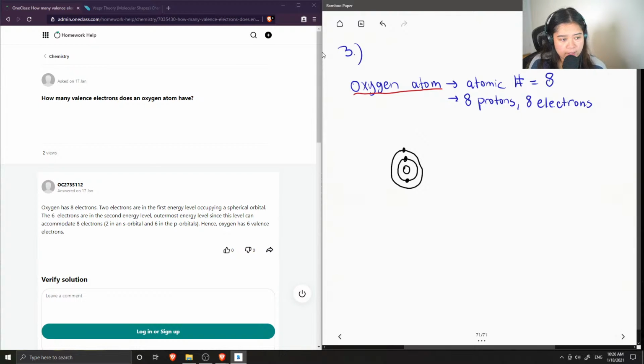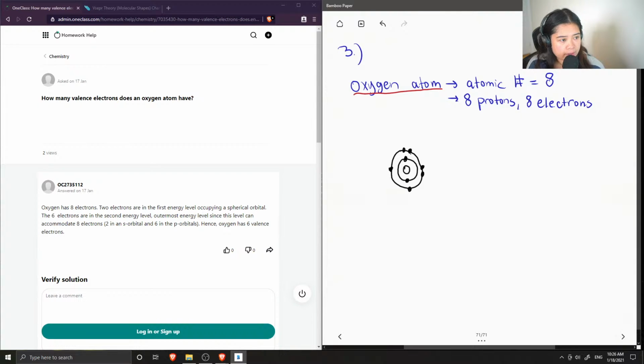And then now that I know that I wrote down 2, I need 6 more in an oxygen atom. So let's just draw 6 in the next shell. And this is kind of like a picture of an oxygen atom.